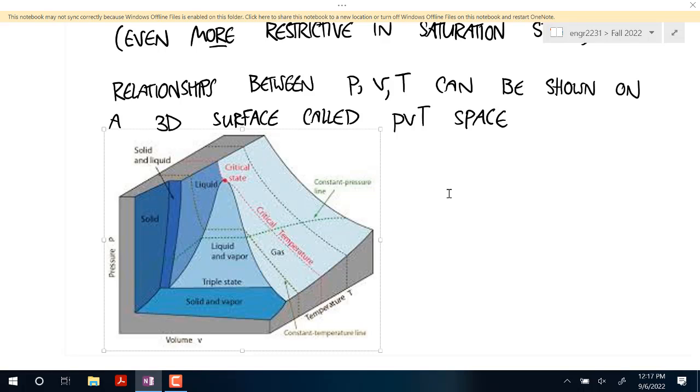A process is just going from state to state to state, and each state is represented by a point on this surface. So a process is just a line on this. You can see that green dotted line that starts over here and goes this way represents a single constant pressure process.